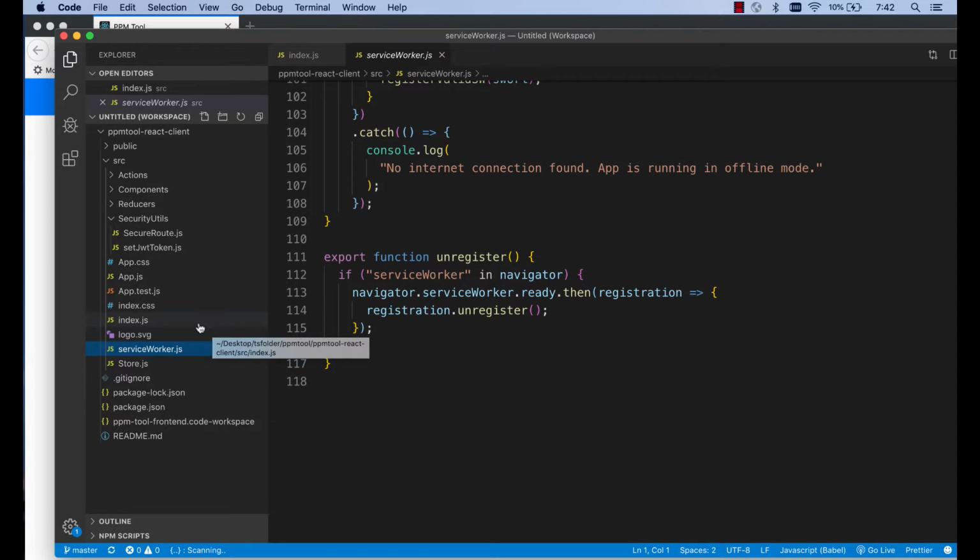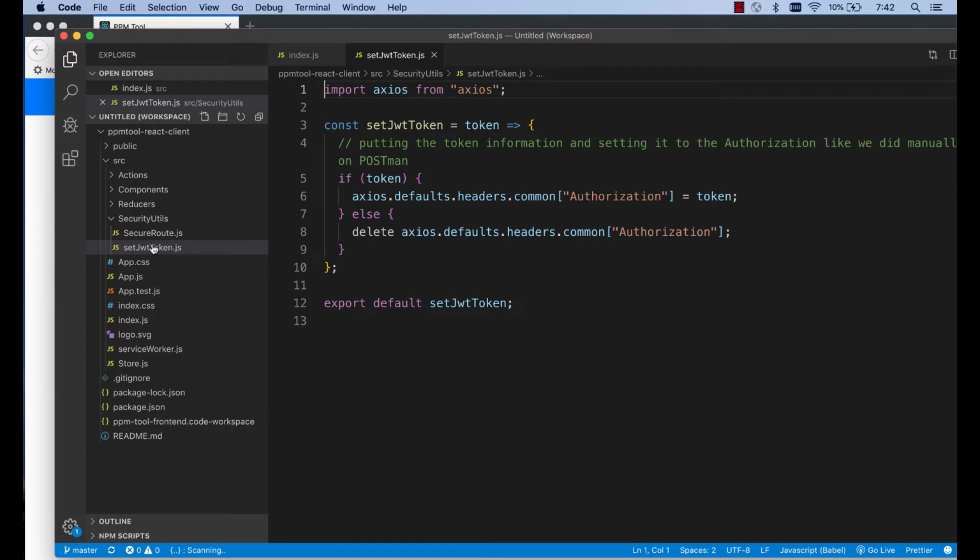But what I would recommend for you is that you go to the lessons where we implement security on the React side. And then what I would do is kind of console log most of the things, right?